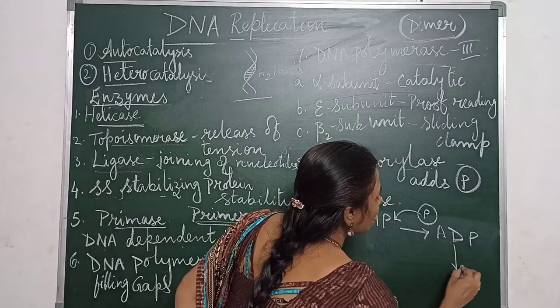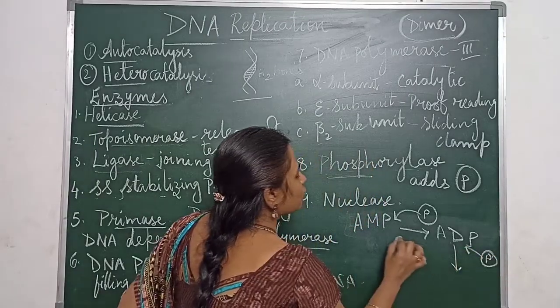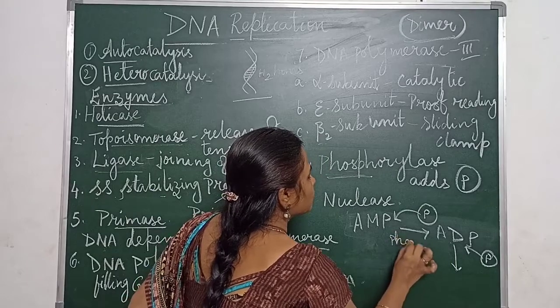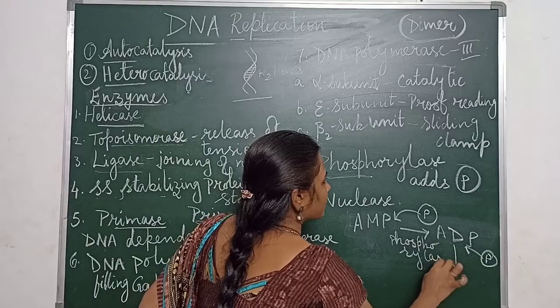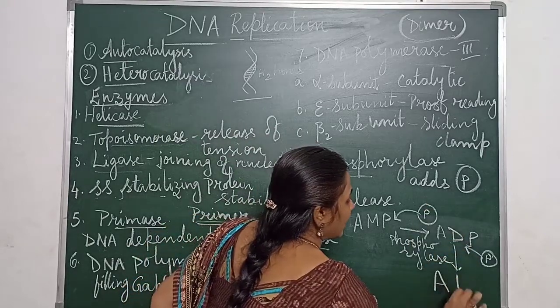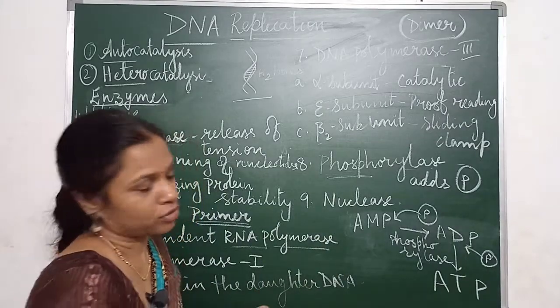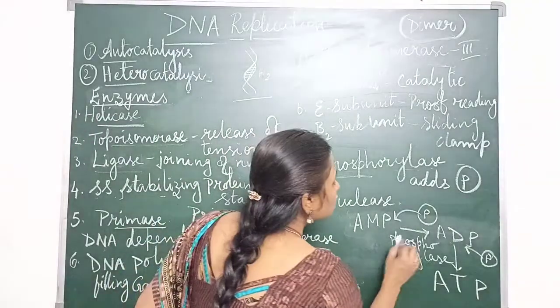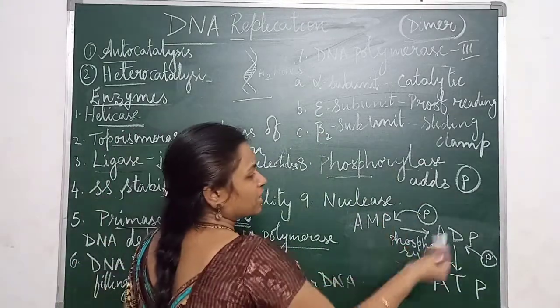And then when one more phosphate is added in the presence of this enzyme phosphorylase, we get ATP, adenosine triphosphate. Because of the presence of phosphorylase, phosphates get added.